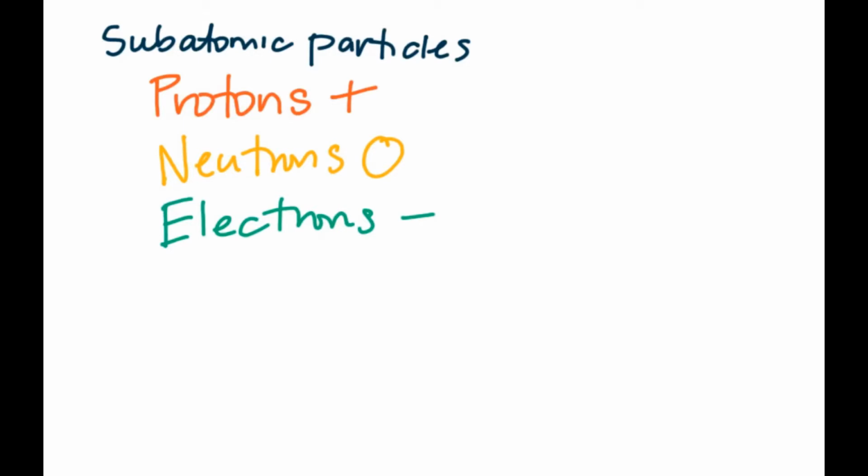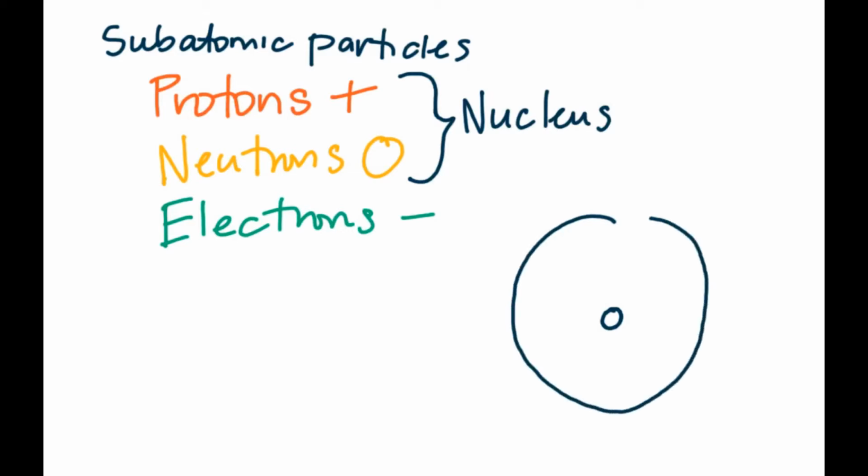Now, protons and neutrons are going to be held in what we call the nucleus. And so I'm going to draw just a general structure of what an atom looks like. So we're going to have a very center part, which is going to be called the nucleus. So that's the nucleus. And there's going to be an outer part, which is going to be called an electron shell.